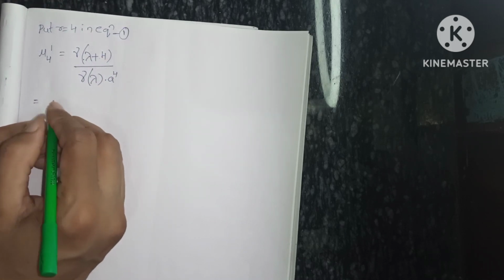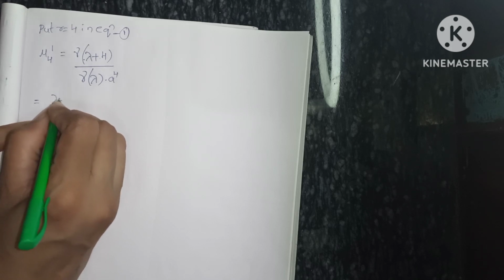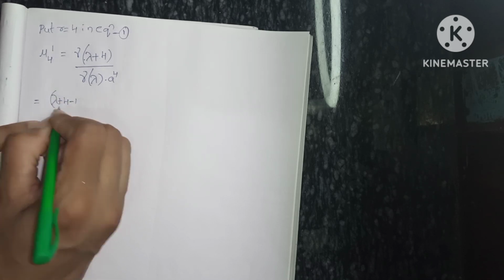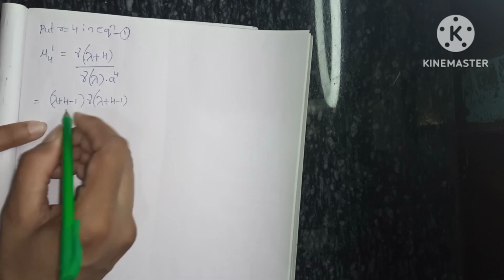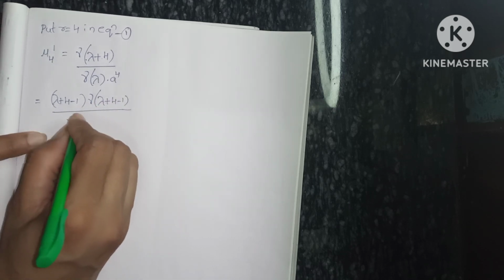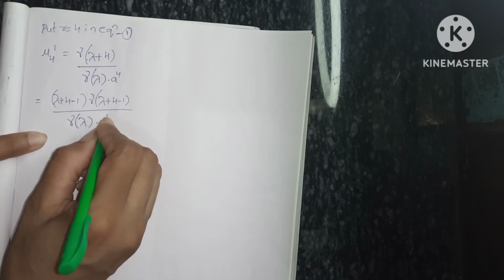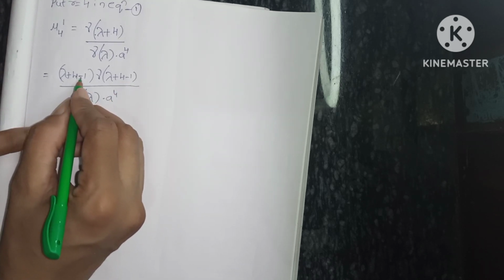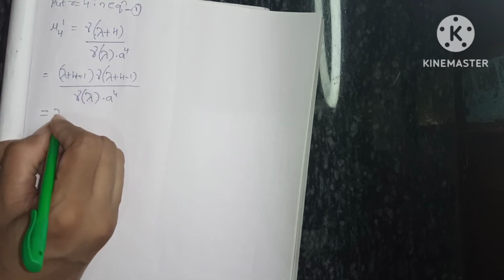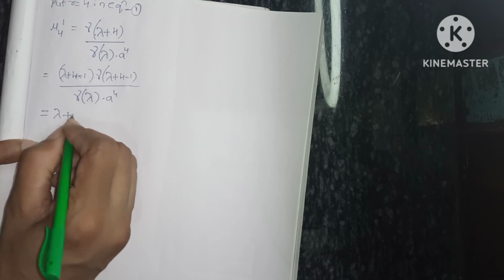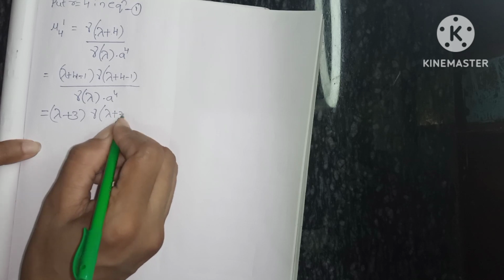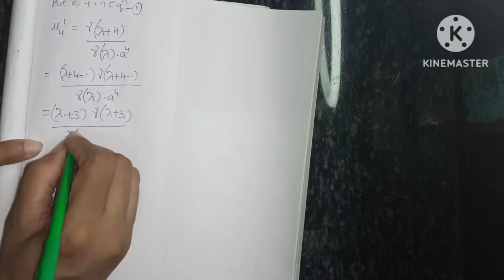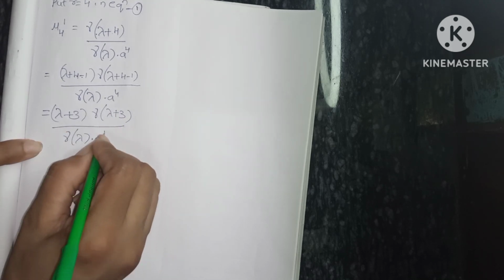So that equals lambda plus 4 minus 1 into gamma of lambda plus 4 minus 1 by gamma of lambda into a power 4. 4 minus 1 is 3. So lambda plus 3 into gamma of lambda plus 3 by gamma of lambda into a power 4.